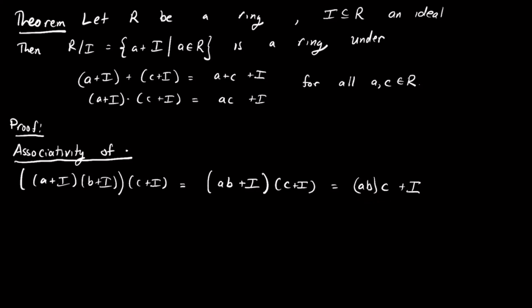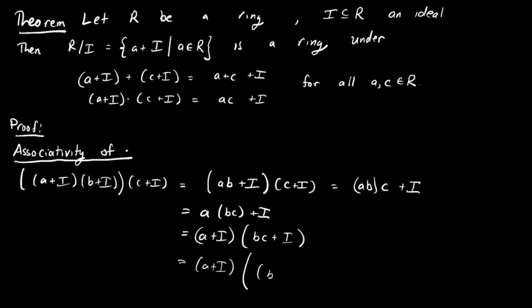So I'm going to move my parentheses now. This is going to be a(bc) + I. And once I've moved my parentheses, I'm now going to pull everything apart. So this is the same as (a + I)(bc + I). And then I'm going to pull the bc apart. So this is (a + I)((b + I)(c + I)). So I have associativity of multiplication, and now it just remains to check that I have the distributive laws.